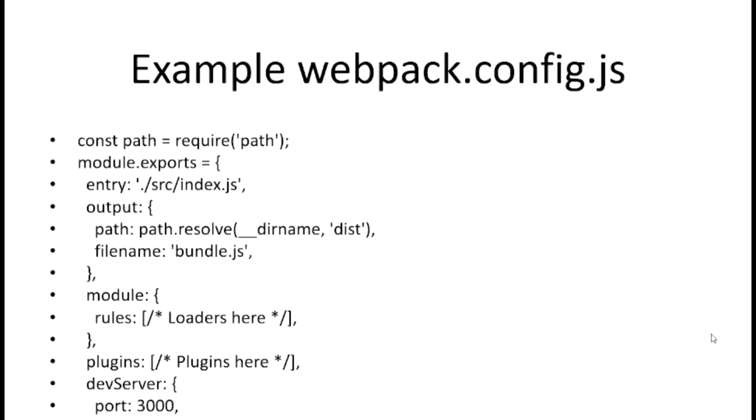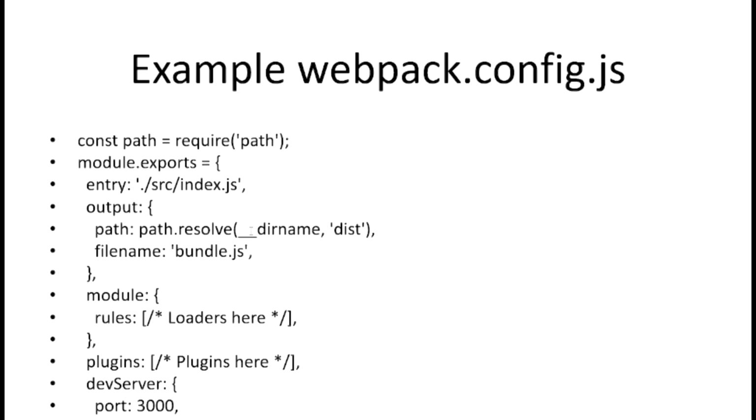So you can see the code that we have written over here. This is the normal structure of the code that we write for our webpack.config.js. As I told you, we have entry, output, loaders, plugins and mode in the structure of the webpack config file. Entry is normally the index.js file.